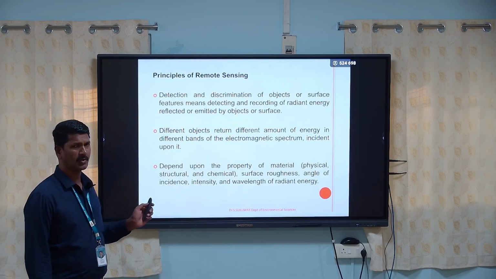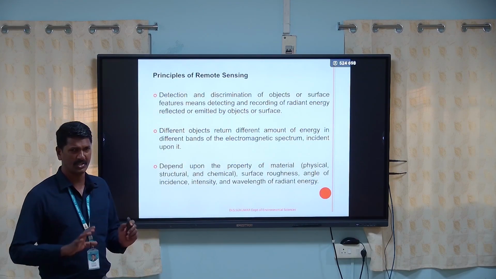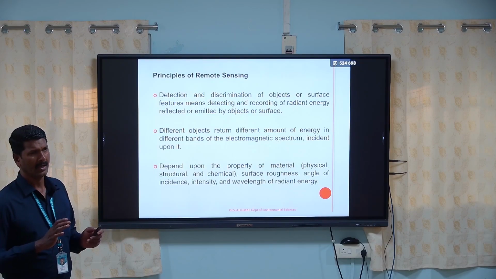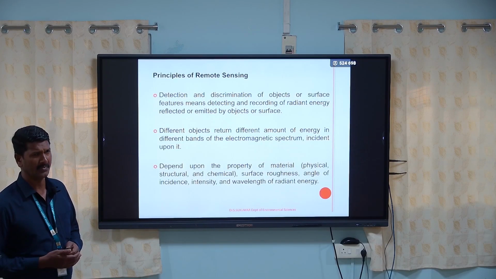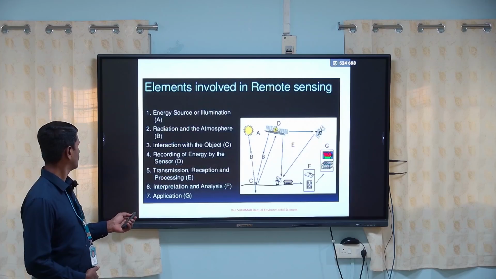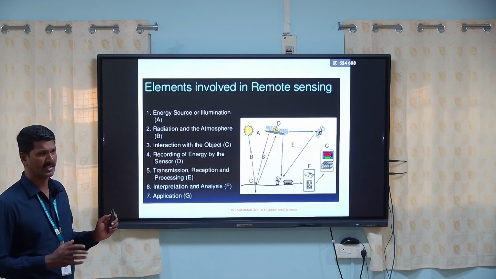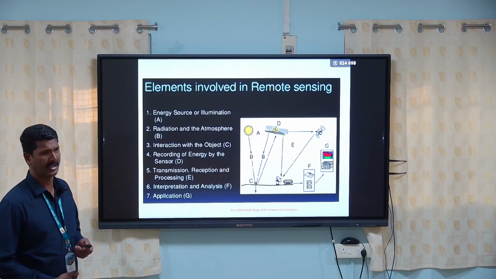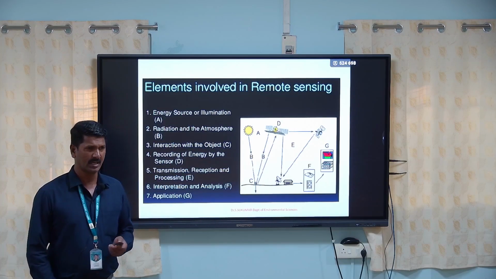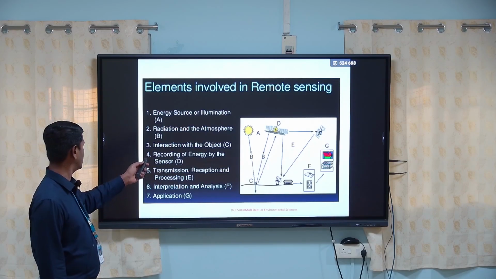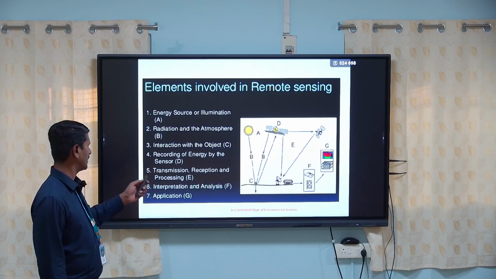The second topic is the principle of remote sensing, how it functions. Remote sensing technology is based on recording electromagnetic radiation, EMR. This is a simple schematic diagram of how we can get satellite imagery using remote sensing technology. The first one, A, is the energy. The energy falls on the earth surface.